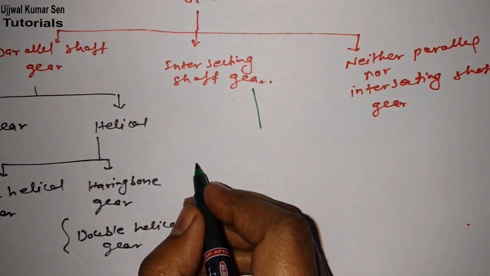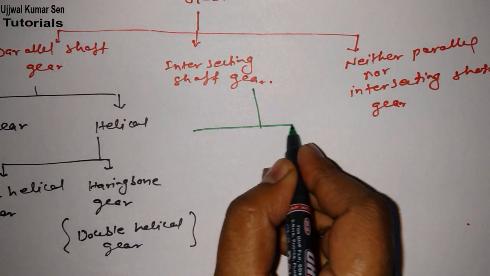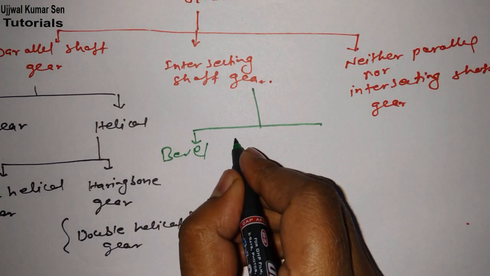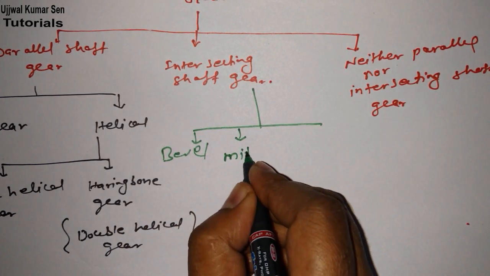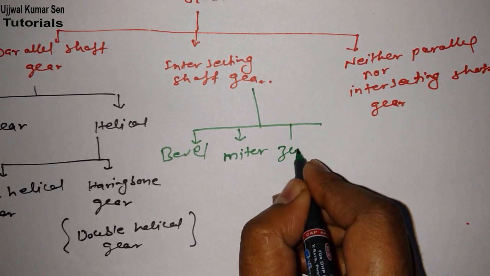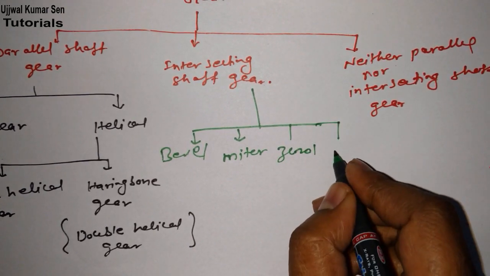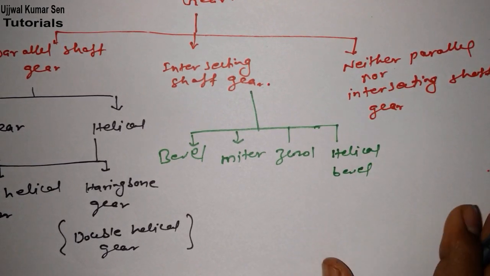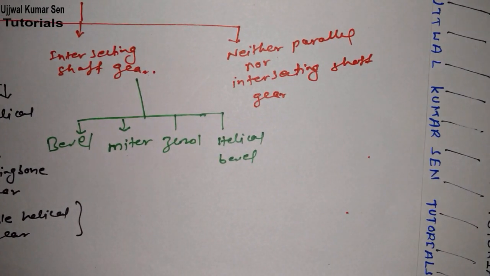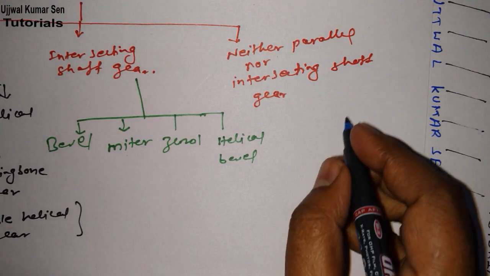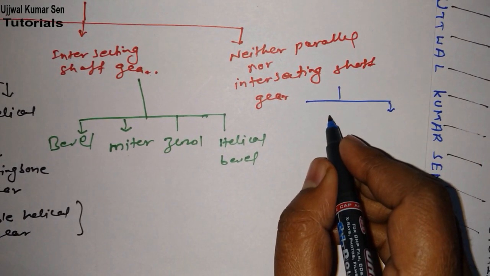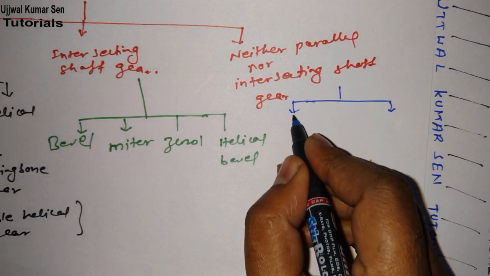Intersecting shaft gear. There are basically four types of intersecting shaft gear. One is bevel gear, another one is mitre gear, another one is gerol gear, and last one is helical bevel gear. Now, for neither parallel nor intersecting shaft gear, there are basically three gears we know.